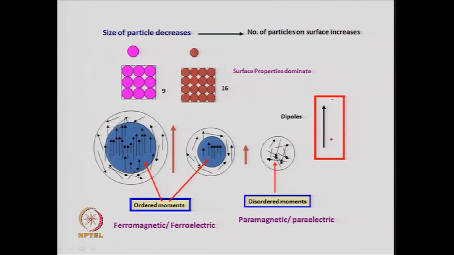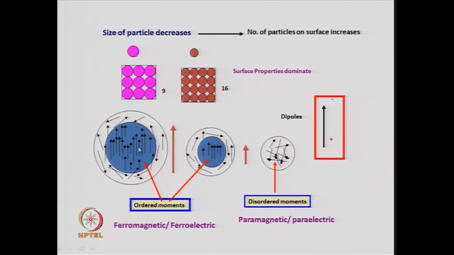As the dipoles on the surface have higher energy, they are easily disordered, but the dipoles at the core remain ordered. Now, if you reduce the size of the particle as a whole, the number of dipoles which are ordered become much less than when the particle was large.